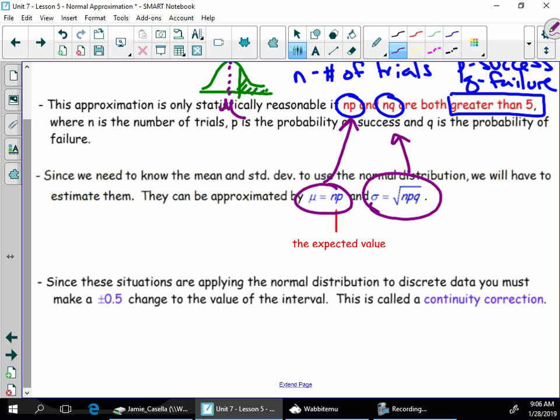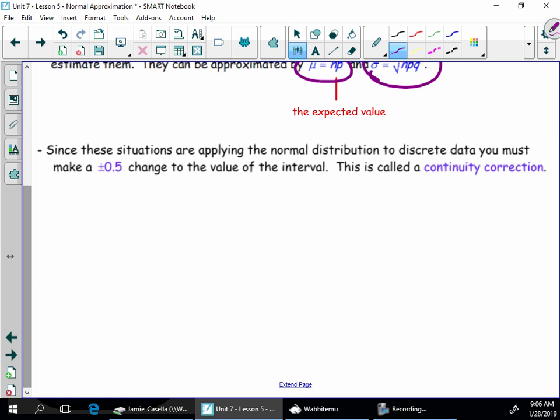Okay, and then one more big piece of information. The whole idea of discrete things is you're trying to find the probability of getting something, the probability of getting 10. The whole idea of normal distributions is that you're wanting intervals. You don't have equal signs. So to correct this, we use something called a continuity correction.